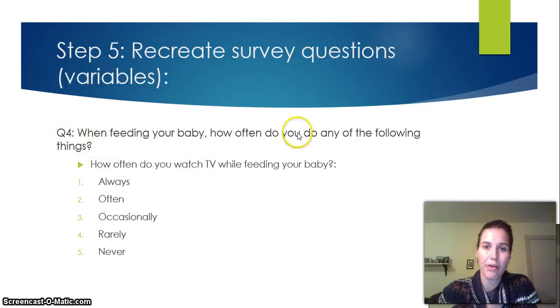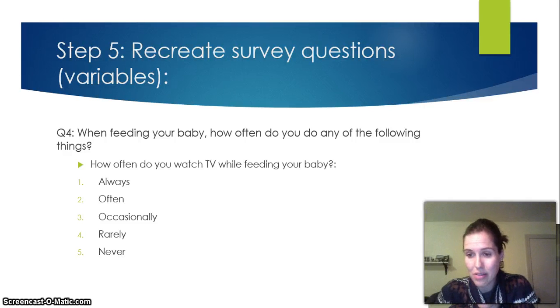When feeding a baby, how often do you do any of the following things? How often do you watch TV while feeding a baby? And the response options were always, often, occasionally, rarely, never. 1, 2, 3, 4, 5. And those are the options that I randomly assigned to the cells. I am just making this up. I spent a minute on it. I am just plugging this in there.